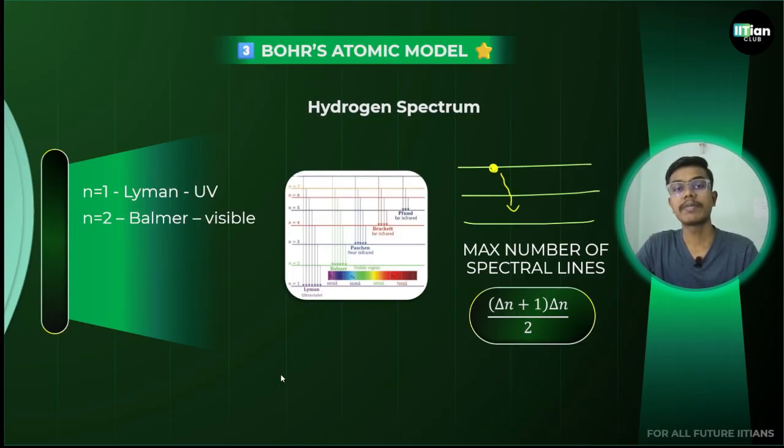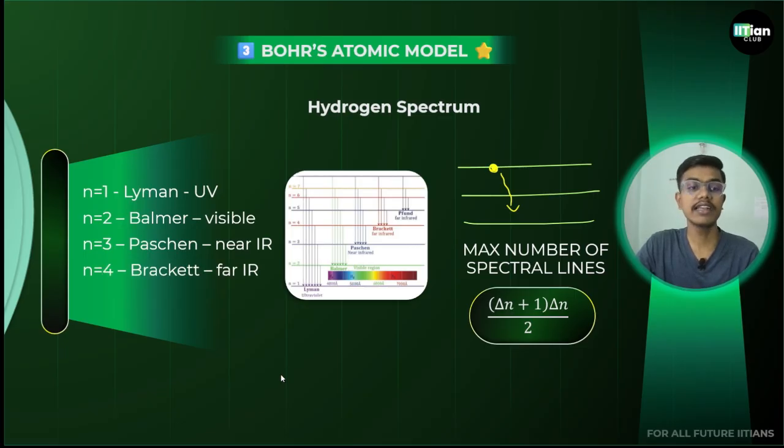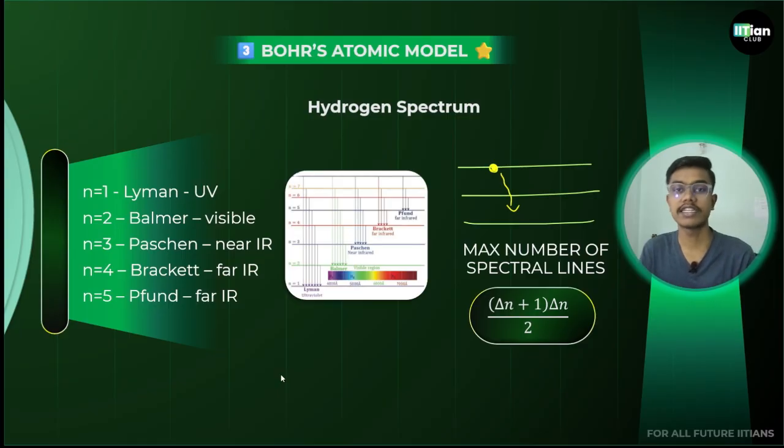If it is jumping from any other orbit number to n equal to 2, it comes under the Balmer series, and this is in the visible region. n equal to 3 is Paschen, and it's in infrared. n equal to 4 is Brackett, it's in far infrared, and n equal to 5 is Pfund, and it's also in the infrared region. Note these regions, UV, visible, infrared, because this was tested in 2024 JEE Mains. So make sure you note all this: Lyman, Balmer, Paschen, Brackett, Pfund, and which region each corresponds to.